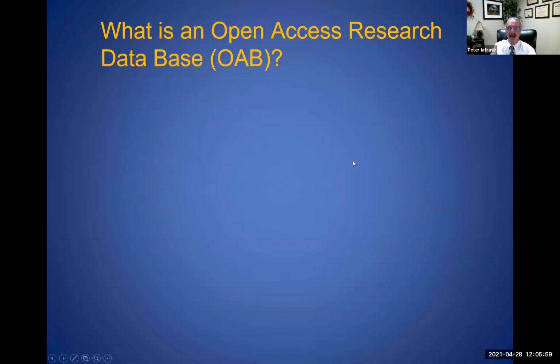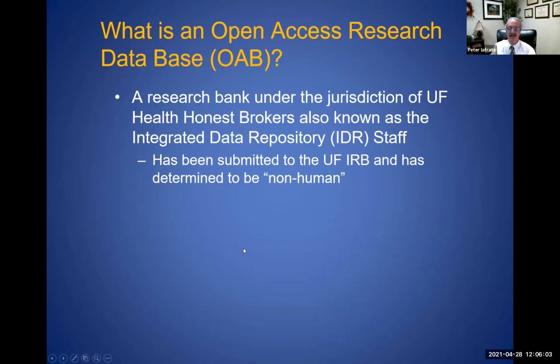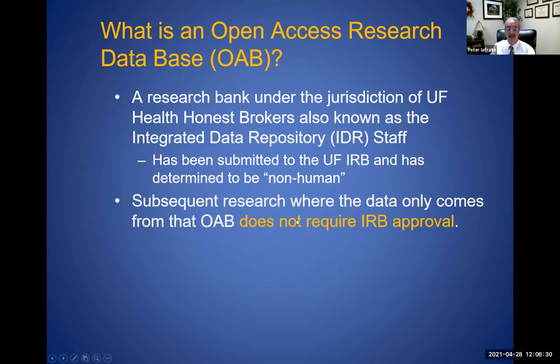So what is an open access research database? That is something that's here at the University of Florida. It is a research data bank under the jurisdiction of the UF Health Honest Brokers, also known as the IDR staff, that has submitted a de-identified data set to us, and we've determined that it's non-human.